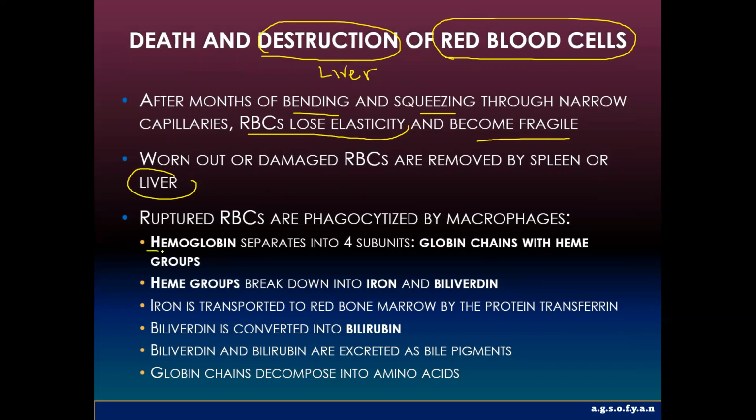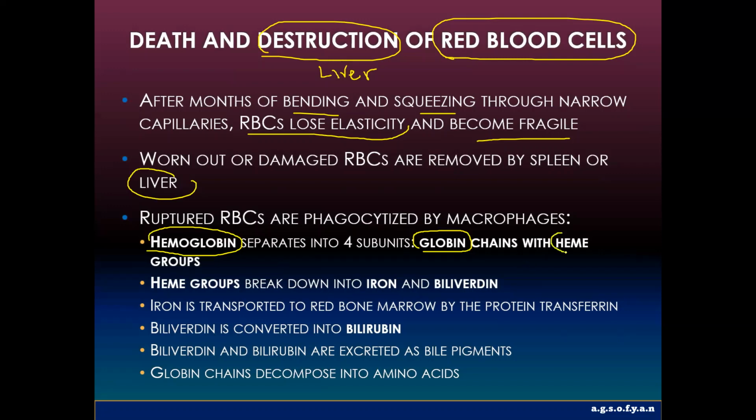The hemoglobin will be separated from the red blood cell. It will be separated into 4 subunits, which are the globin. 4 globin. Globin is a type of protein. So there are 4 globin chains that will be produced from this destruction of hemoglobin.